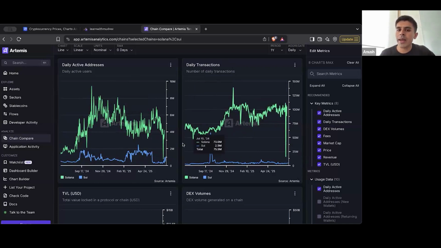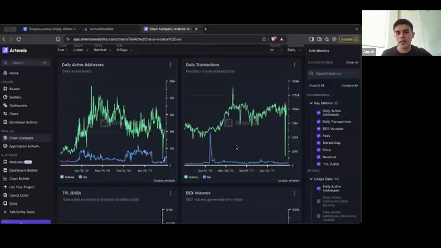So despite price being in the range of around 150 or so over the past year, what we're seeing is that there is huge activity taking place on the network. And usually this is a front-running indicator, meaning that prices will always follow after what we're seeing over here. This has always been the case historically as well.